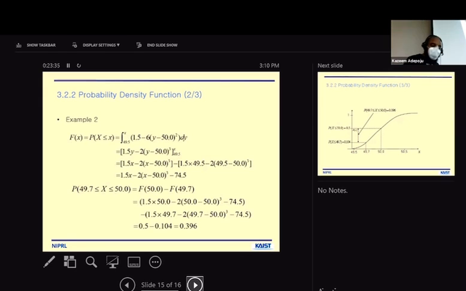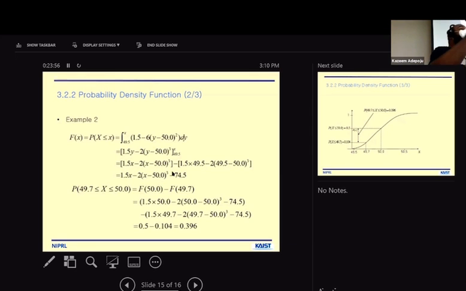Now, the result we have for the CDF, an uppercase F of x, is 1.5x minus 2 times (x minus 50.5) to the power 3 minus 74.5.